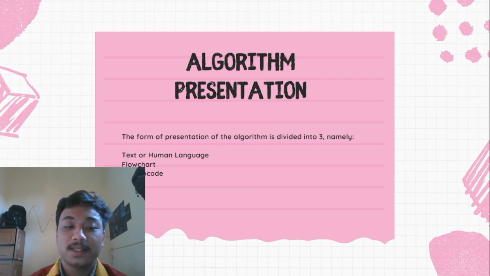Variable declaration. Pseudocode allows you to declare variables and provide relevant variable names. Basic instructions. You can use basic instructions like if, for, while, and others to control the program flow. Arithmetic operations. Pseudocode allows you to perform arithmetic operations such as addition, subtraction, multiplication, and division. Input or output.